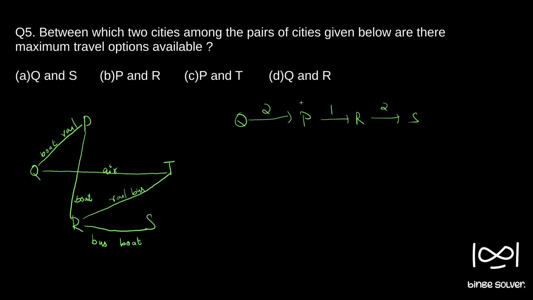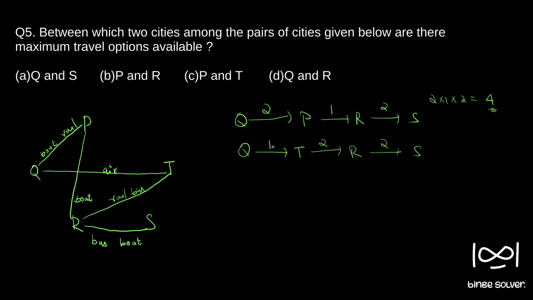So total possible combinations to travel from Q to P to R to S is 2 into 1 into 2, which is equal to 4. So if we travel like this, we have 4 possible combinations. Then we can also take Q to T, which has only one combination, which is air, and then T to R, which has two combinations, then R to S, which has two combinations.